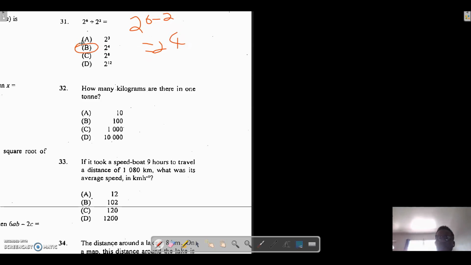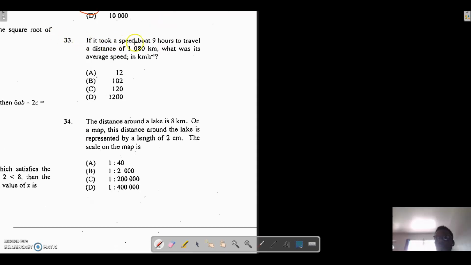Now, how many kilograms are there in 1 ton? 1,000 kilograms is equal to 1 ton, so that we would have to know. 33. If it took a speedboat 9 hours to travel a distance of 1,080 kilometers, what is its average speed in kilometers per hour? Now, speed is distance over time. So the distance here would be 1,080 and the time would be 9.